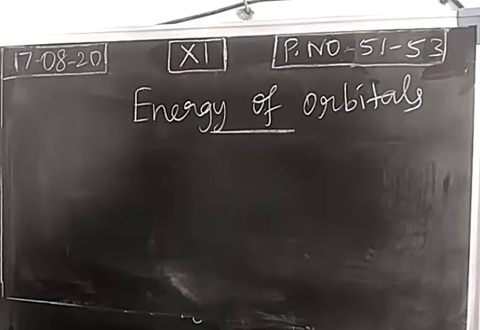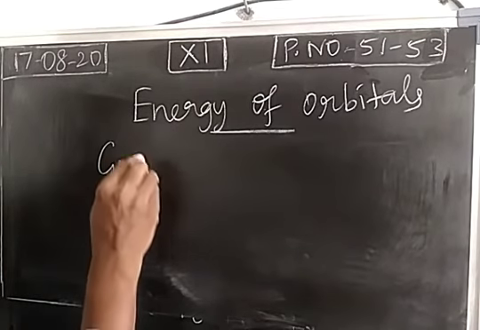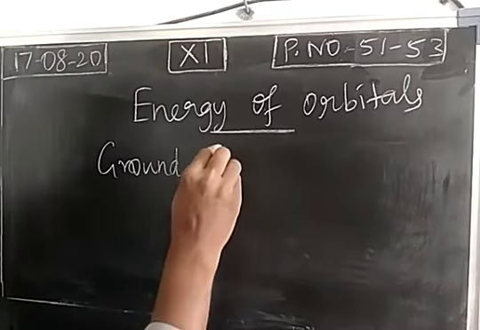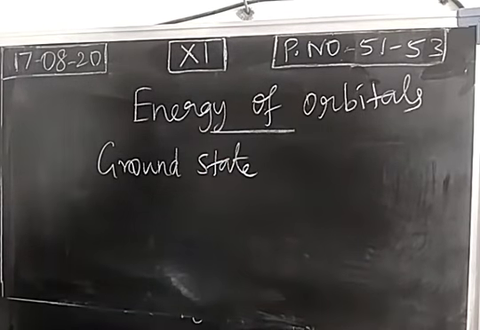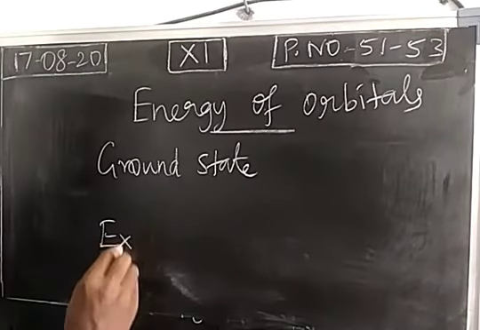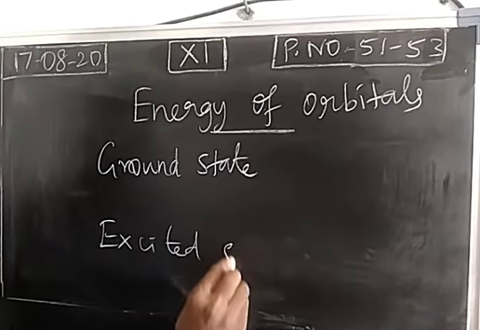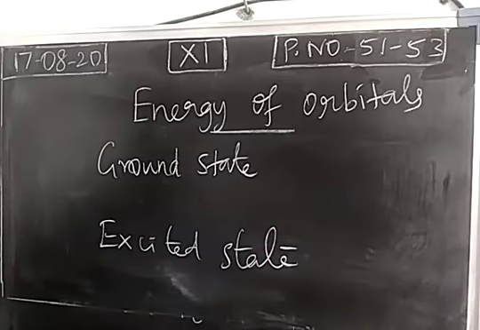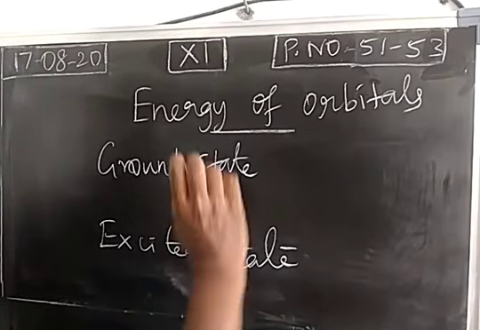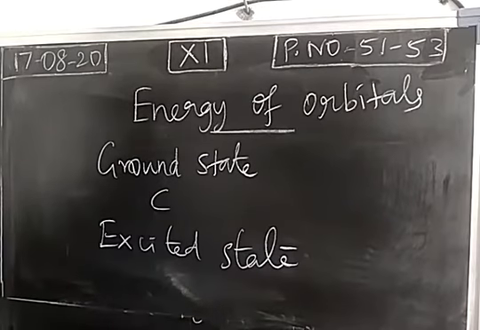Then what is ground state? What is excited state? Ground state and the excited state. Consider carbon with atomic number 6.